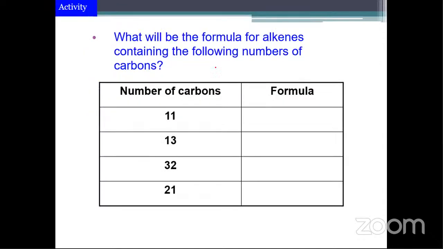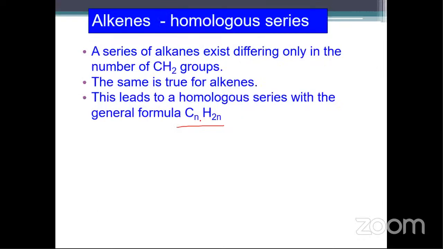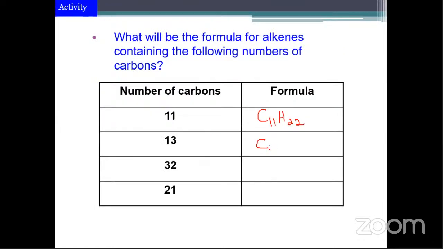We can do a quick exercise here for you to decide what the molecular formula would be. If you have 11 carbons, it would be C11H22, because you just double the number of carbons, CnH2n. So for C13, how many H's would you have? 26.